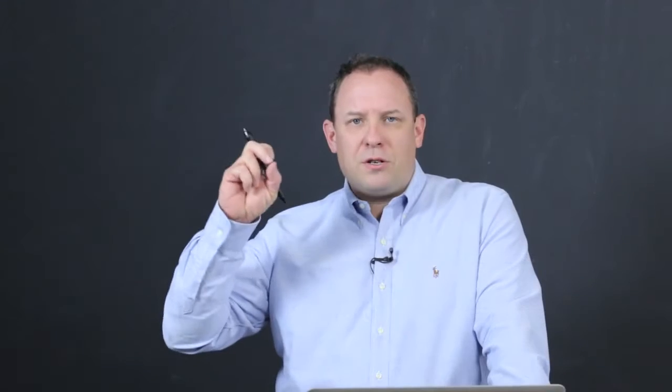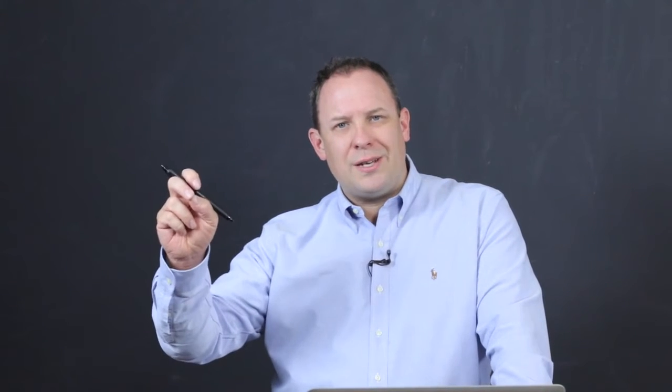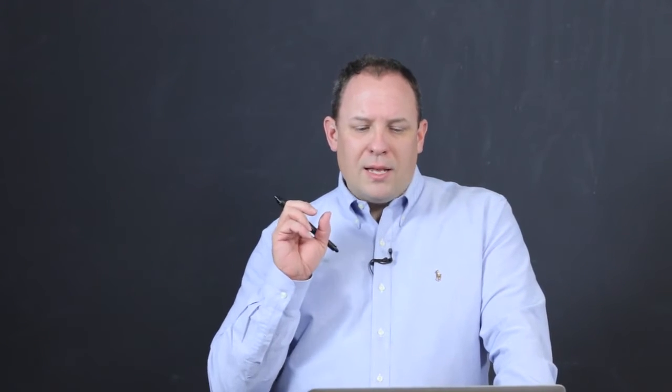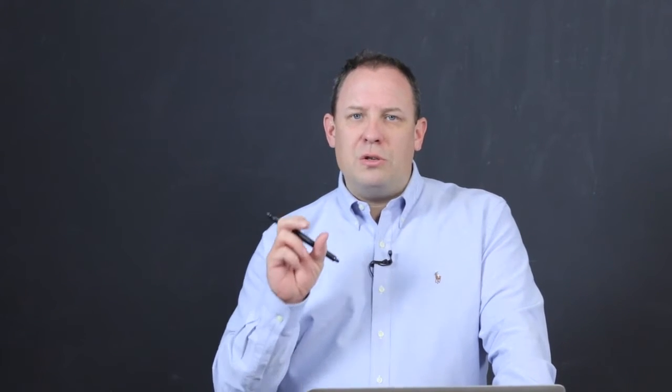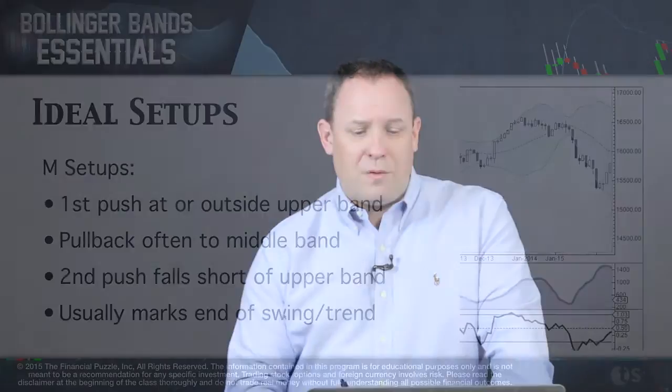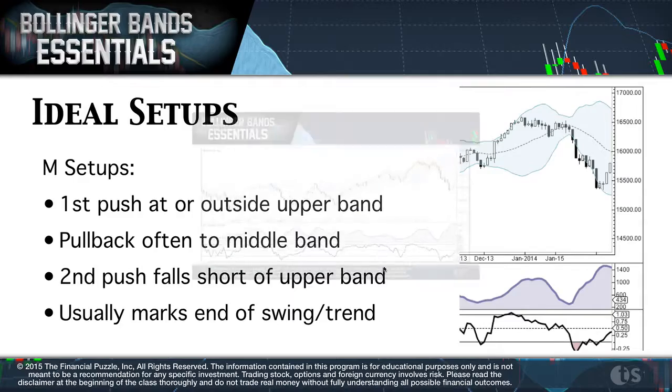You see that first push, the pullback, and the second push falls short. What's interesting is the second push isn't necessarily a lower move. It's just lower relatively because the band has gone on to another level. And so it's important to identify that. This shows weakness in the move, and it very typically turns into a reversal. Usually marks the end of the swing.